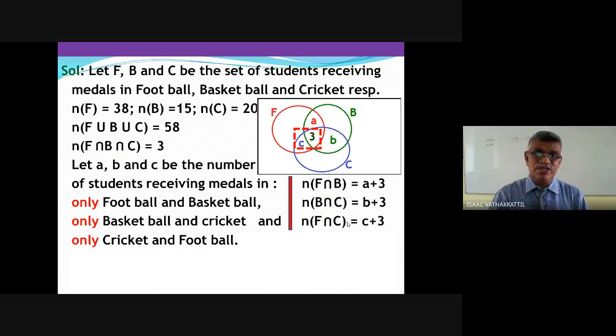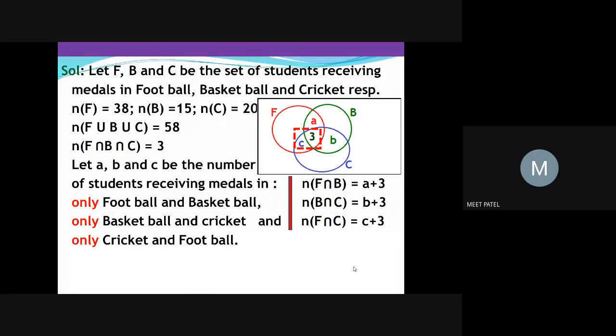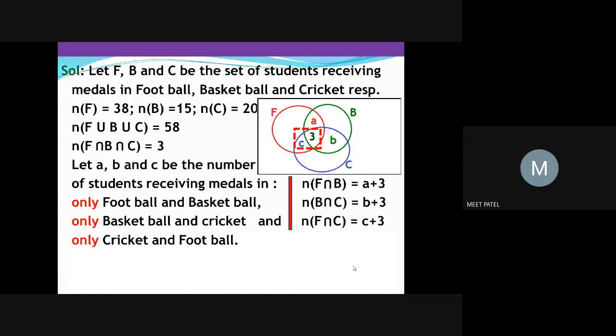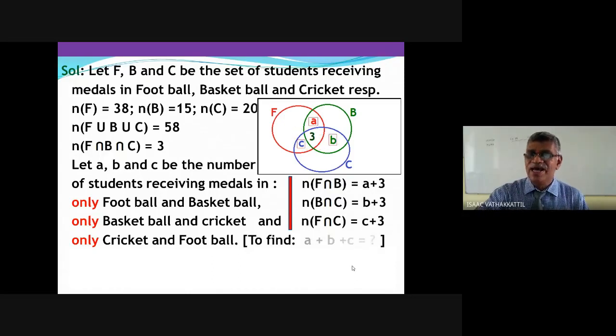Now, what is the question? What have we to find? How many children got exactly 2 medals? So we have to find A plus B plus C. See my notation, I have taken the notation like that.